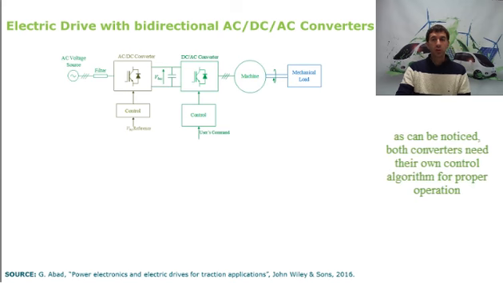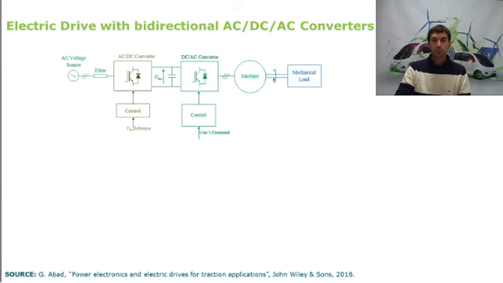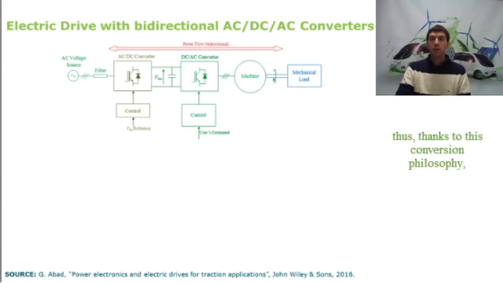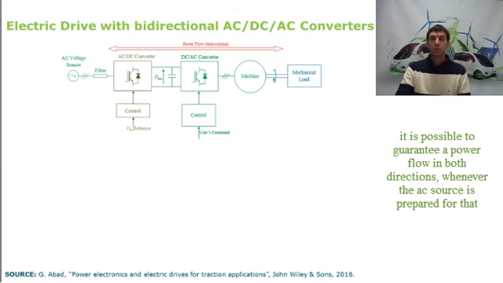As can be noticed, both converters need their own control algorithm for proper operation. Thus, thanks to the conversion philosophy, it is possible to guarantee a power flow in both directions, whenever the AC source is prepared for that.